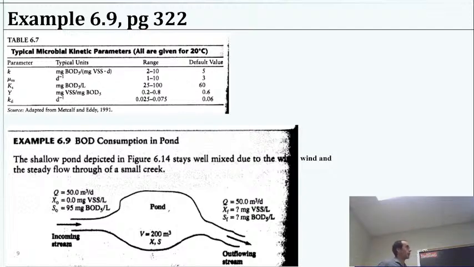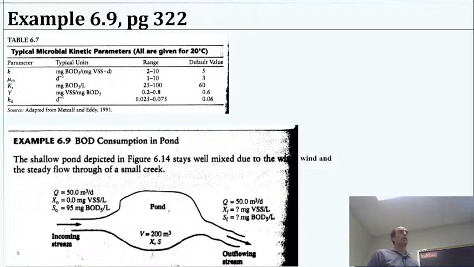It gives us typical ranges for the different values: the utilization rate coefficient, lowercase k, our maximum specific growth rate coefficient, mu max, that half velocity constant Ks, the yield coefficient, and the death decay rate, Kd. Each of those has a typical range we could look at, and then a default value in case we wanted to solve some problem and didn't know what to start with.